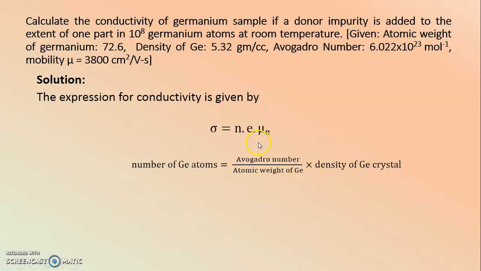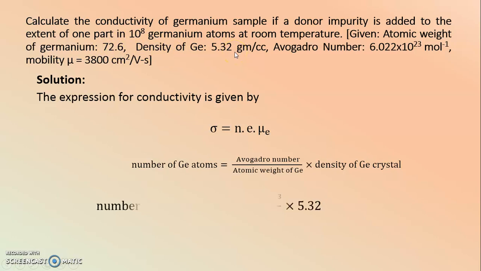Now Avogadro number is the standard constant, 6.022 into 10 raised to 23. Mostly we take 6.023, but when a number is given, we should use that. Then atomic weight of germanium is 72.6, and density is 5.32.